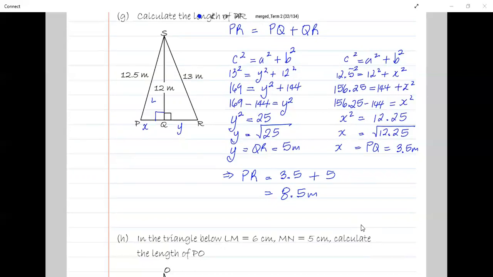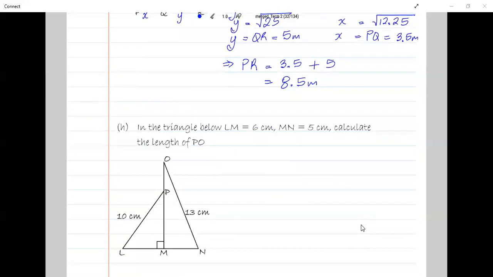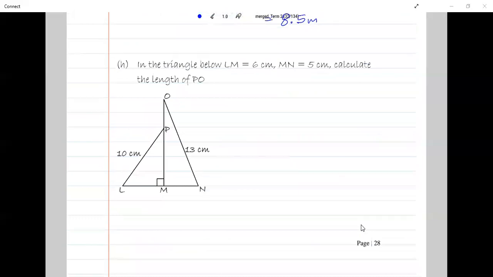So let's have a quick look at H. In H, in the triangle below, LM is 6 centimeters. MN is 5 centimeters. We're to calculate the length of PO. So we want to find this length here.